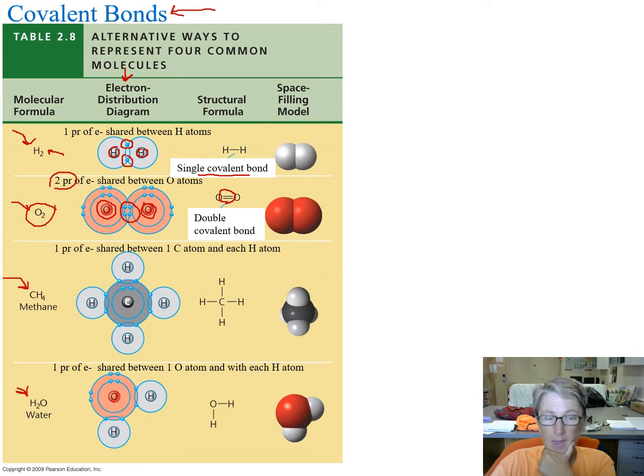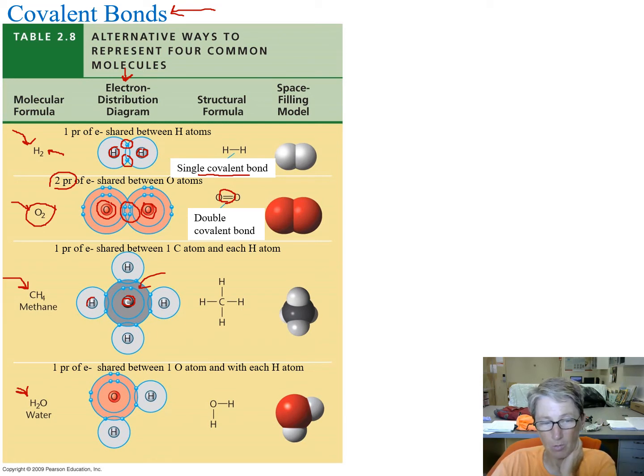In methane, the gas, carbon has four outer shell electrons. Each hydrogen atom has one outer shell electron. So check it out. One carbon atom, this guy right here, is sharing one pair of electrons with each of four hydrogen atoms.